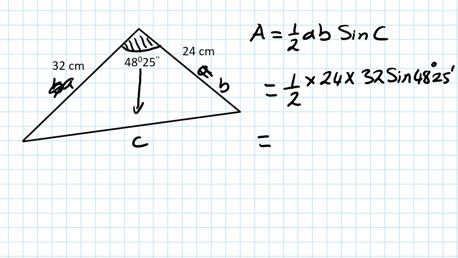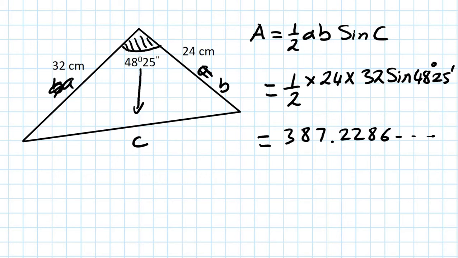So now if I put that in my calculator, I get 387.2286 and so on. Now, the question didn't specify how many decimal places, but please don't write it like that, because the answer should be in appropriate decimal places.